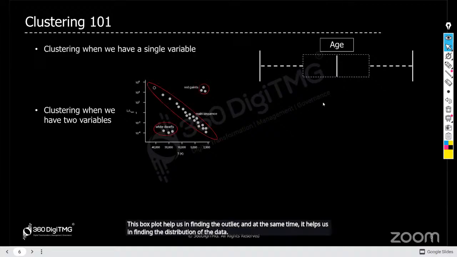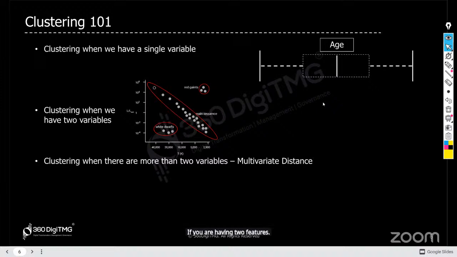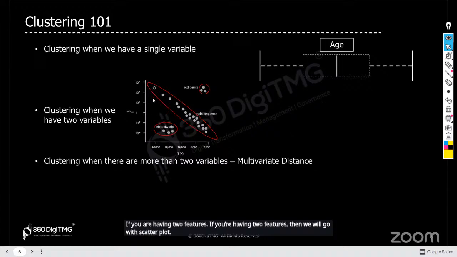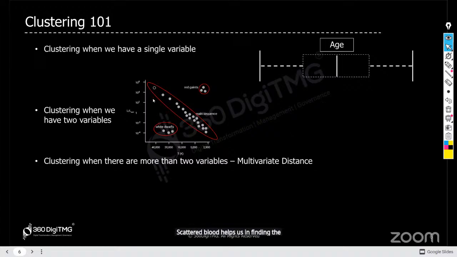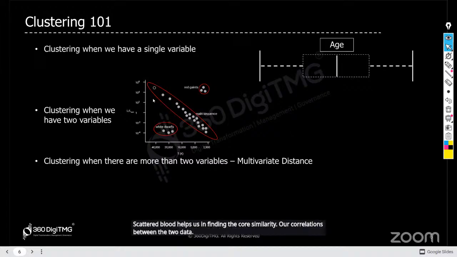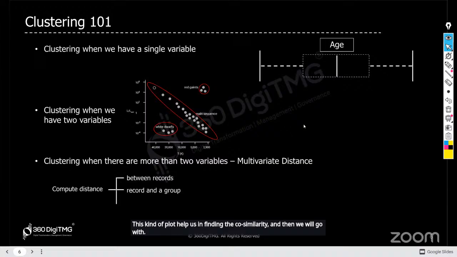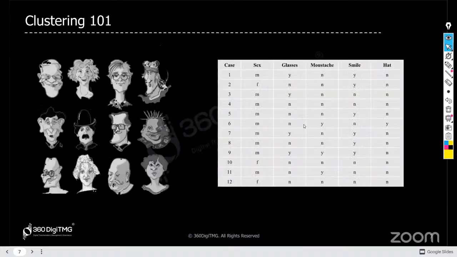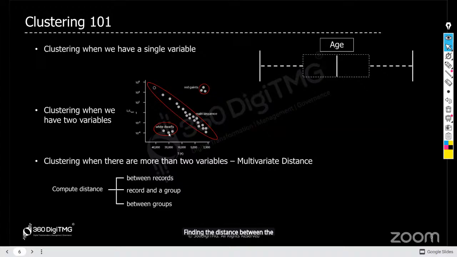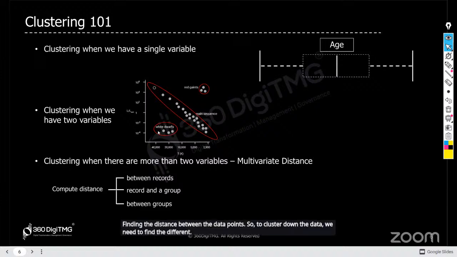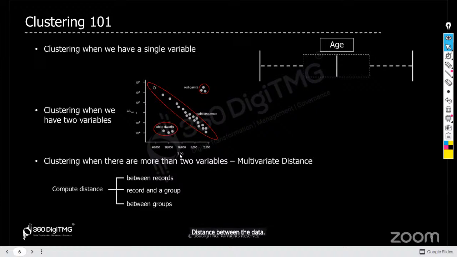If we have two features, then we will go with a scatter plot. A scatter plot helps us find the similarity or correlation between the two features, and then we will go on to find the distance between the data points. To cluster the data, we need to find the distance between the data points. Only then can we group them together.